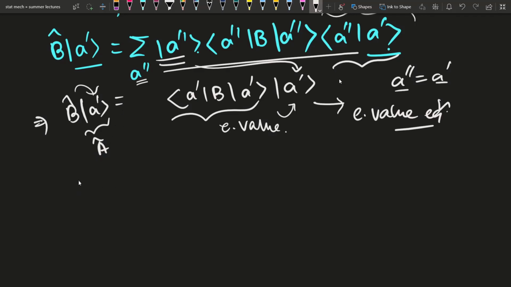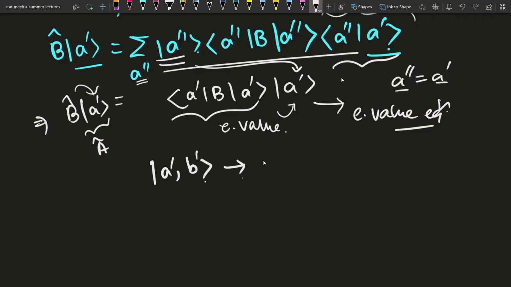Then we can write a general or common eigenstate like this: A, B, or A prime, B prime, to represent the simultaneous eigenstate of the system.